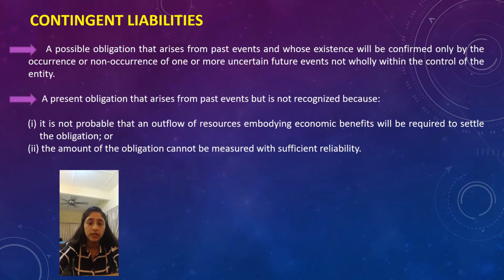Other than that, it is a present obligation that arises from past events but is not recognized because, first, it is not probable that an outflow of resources embodying economic benefits will be required to settle the obligation, or second, the amount of the obligation cannot be measured with sufficient reliability. This is according to MFRS 137.